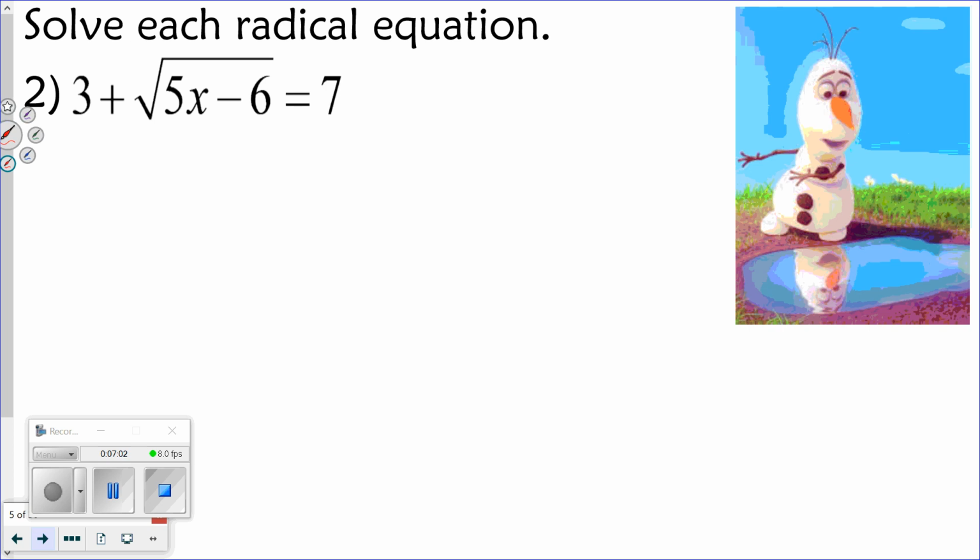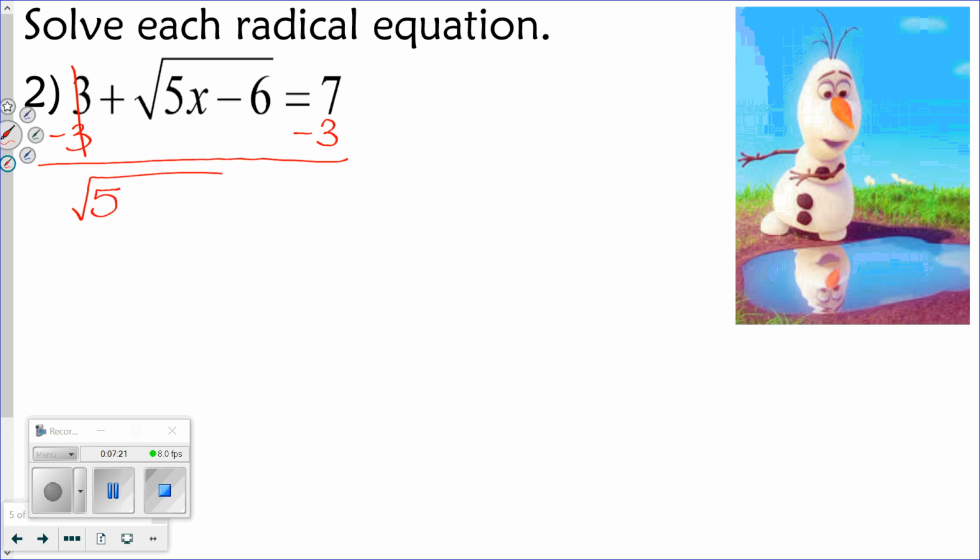All right, number 2, is the radical by itself? No. So we need to subtract the 3. You got to get it by itself. Can I add and subtract into a radical? No, it's kind of like jail, right? You can't actually break into that. So we get the square root of 5x minus 6 equals 4.